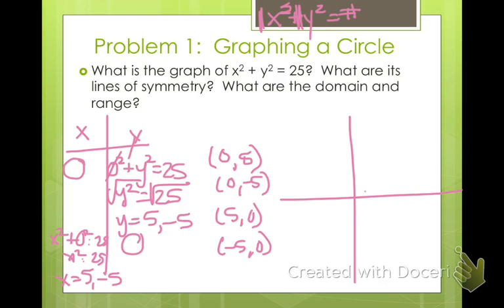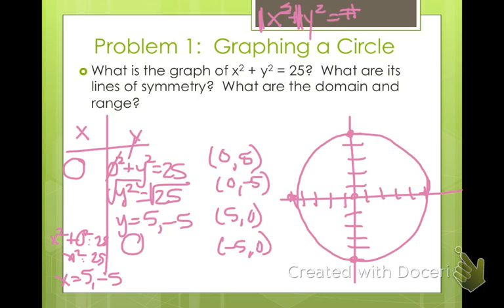So if we were to put these on a grid, we'd have 4 points. And what are some things you know about a circle? Well, it's a smooth curve. Hopefully you have learned that they have a center. They have a radius that's equal distance from the center to every point on the circle. So what are our lines of symmetry?